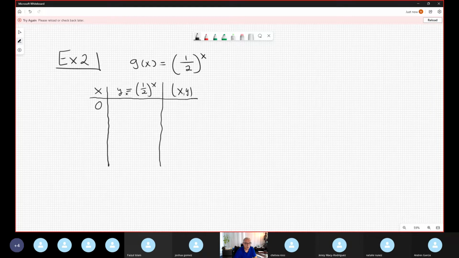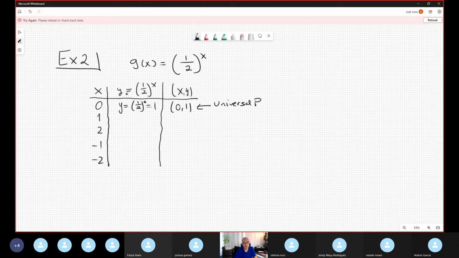Okay, cool. So 0, we apply the same points: 1, 2, -1 and -2. And for 0, well, 1/2 raised to the 0 power always is 1, you know that. So 0, 1, again, the universal point.